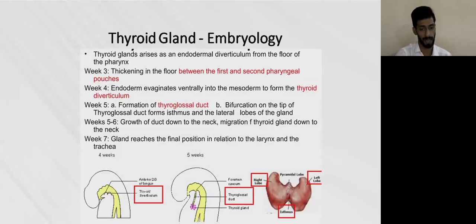In the process of migration, you can have multiple sites of arrest, which is the clinical correlate of your ectopic thyroids and your lingual thyroids. A persistent thyroglossal duct can form a thyroglossal cyst, which classically moves with deglutition. The thyroid gland is the first endocrine gland to start secretion. Secretion starts about the 12th week.